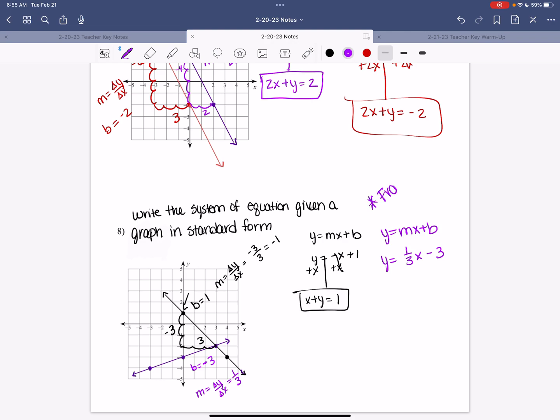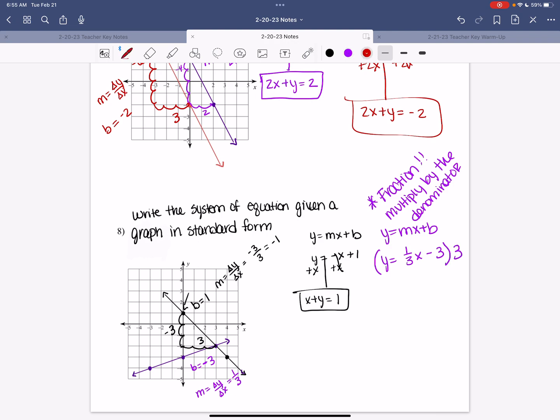If you remember, whenever there was a fraction, I told you to make a little note that you need to multiply by the denominator. The denominator is the bottom part of the fraction. Denominator divides, so I'm going to multiply everything by 3.